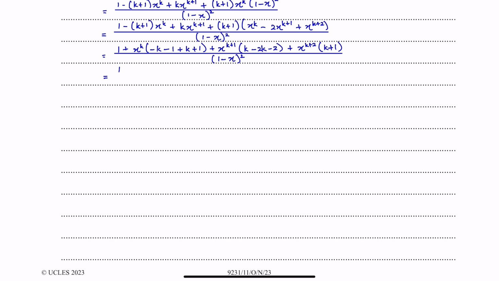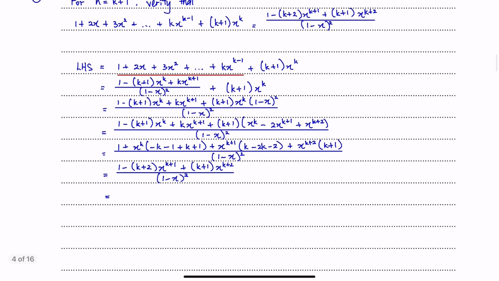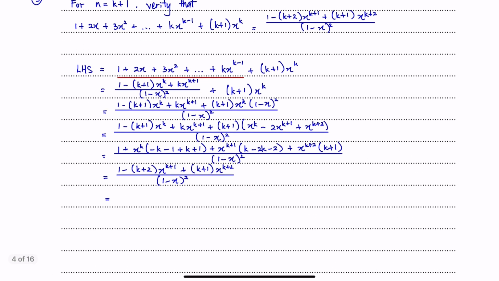So this will be 1 minus k plus 2 x to the k plus 1 plus k plus 1 x to the k plus 2 over 1 minus x squared. And this is basically what we want here. So the left hand side is equal to the right hand side.